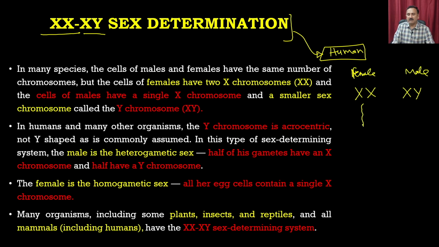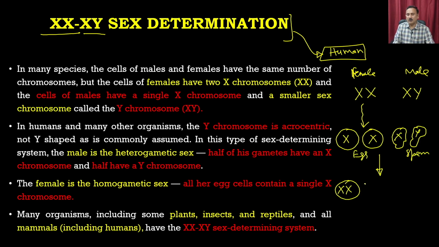And after meiosis, you are going to produce the eggs, which are going to have X, or you are going to produce the sperm, which is going to be either X or Y. So this is going to be egg, this is going to be sperm, and after fertilization, you are producing XX or you are producing XY, right?